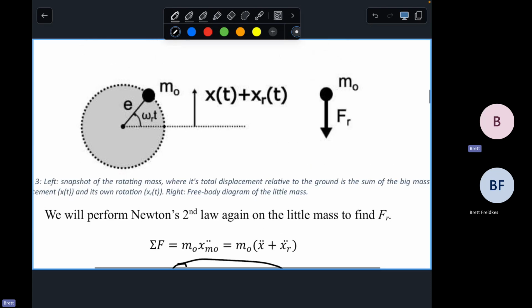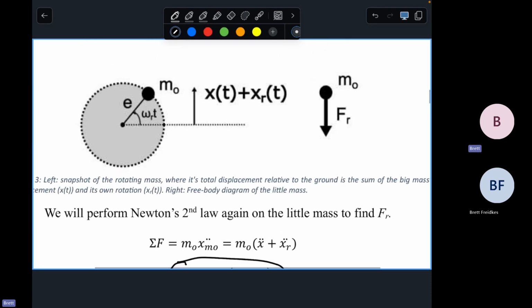So x rotation, this is based on the eccentricity and the angle. We say that x rotation, or xr, that is this distance here. I'll try to draw it in a different color. That is this distance here. What is that going to be?